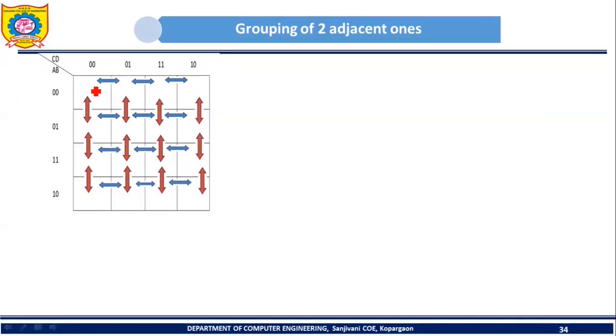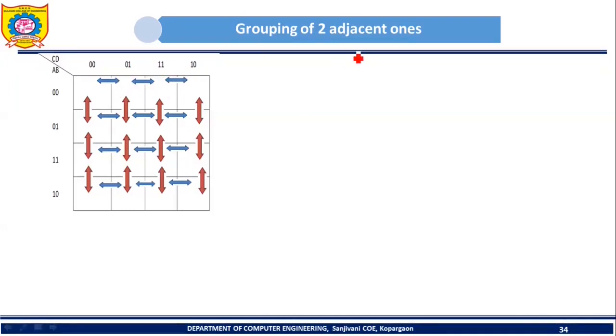The cell present in the first row and the corresponding cell present in the last row are also adjacent to one another. Similarly, the cell present in the first column and the corresponding cell present in the last column are also adjacent to one another. Now let's extend our discussion to how we can make a group of two adjacent 1s.